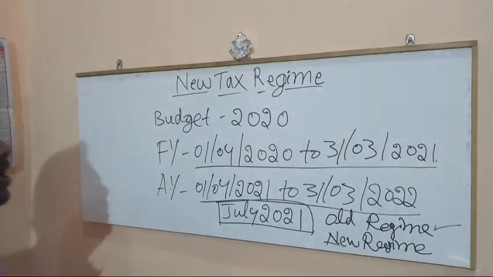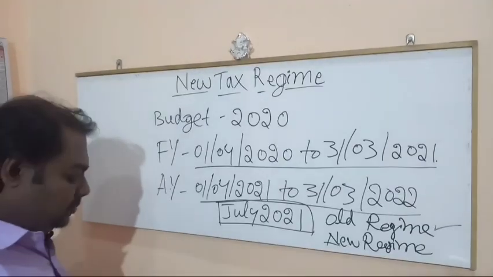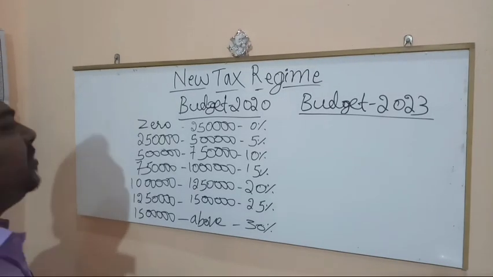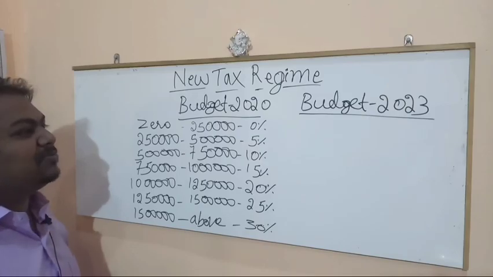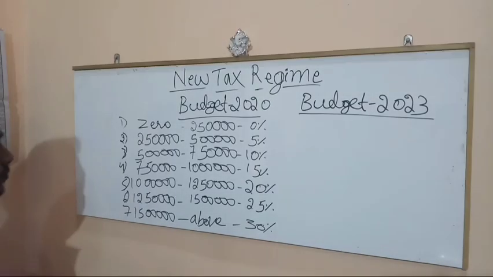Let us see what is there in the new regime along with the changes made in budget 2023. So now let us understand the new tax regime as introduced in budget 2020 compared with the revised new tax regime as introduced in budget 2023.